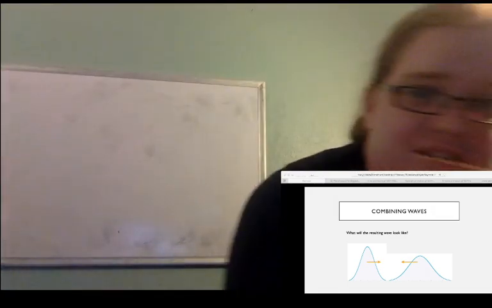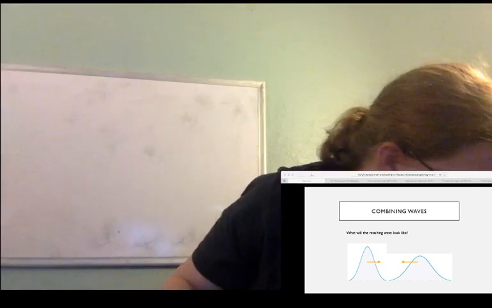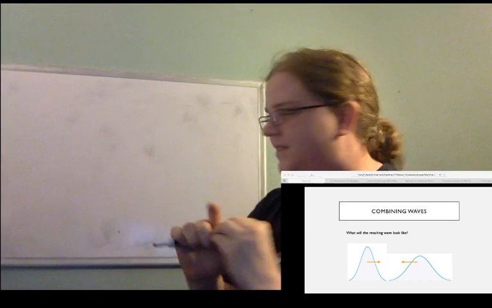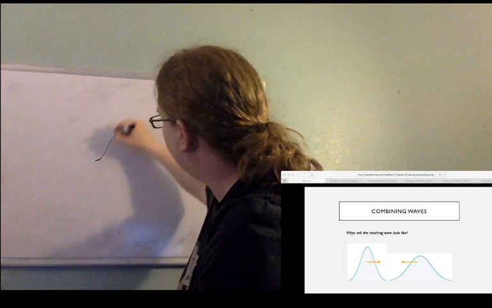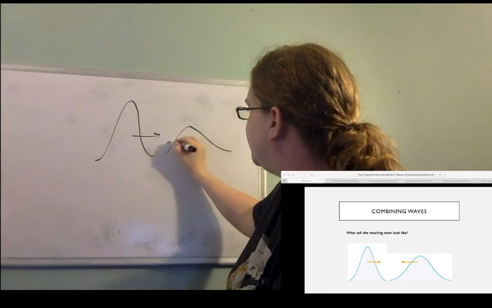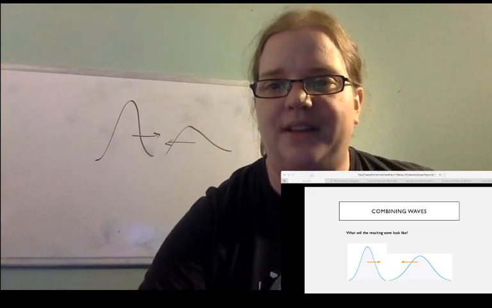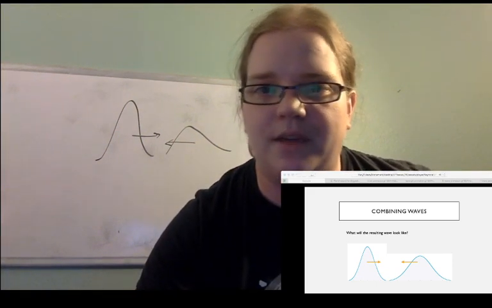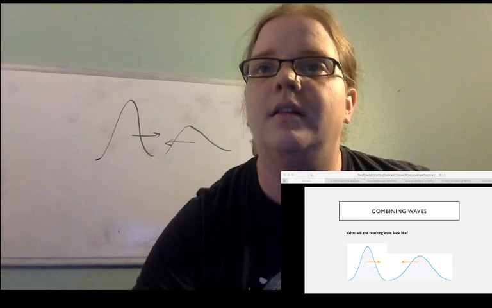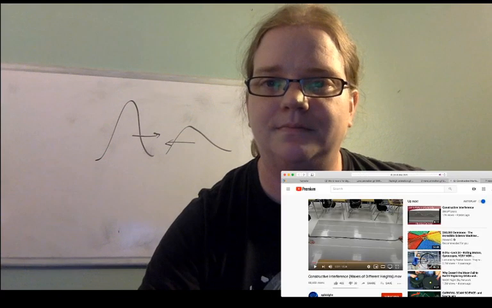So the question is, what happens with waves? So I've got two waves that are coming towards each other: the tall, relatively skinny wave and the shorter, relatively wide wave. And let's look at what happens. So I have my YouTube video here. I'm going to drop into this.